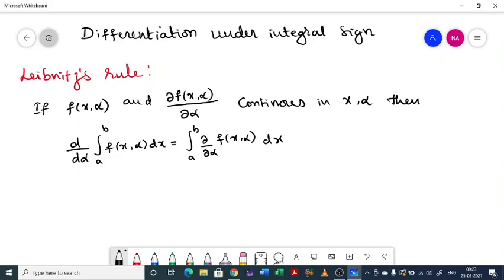That means if both f of x comma alpha and its partial derivative with respect to alpha are continuous, then you can interchange these two operators, differentiation and integration.